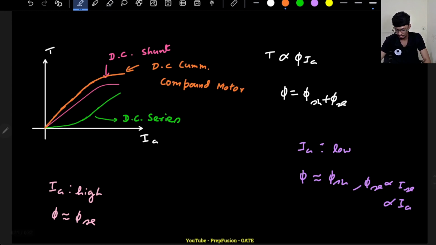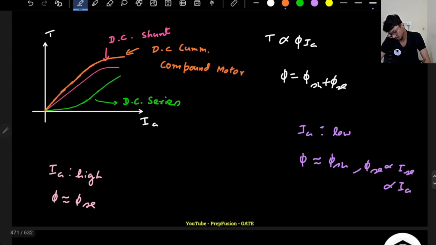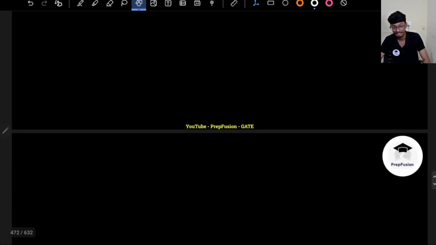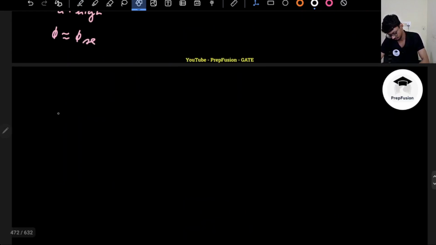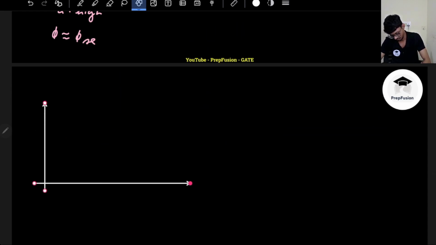Okay, now let's discuss the speed torque characteristics. This is the speed and this is the torque.